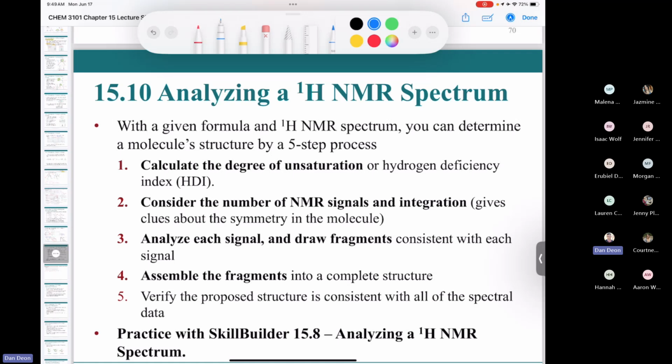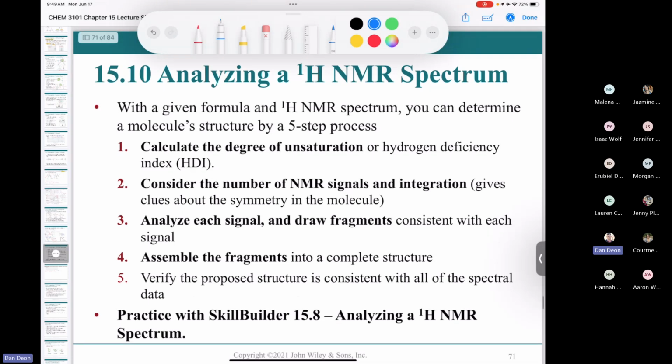That's something I came up with that might help you for combined spectroscopy problems where you have IR and MS and NMR all put together. But if you're just thinking about a proton NMR only, this is David Klein's 5-step process, and I think it works really, really well.